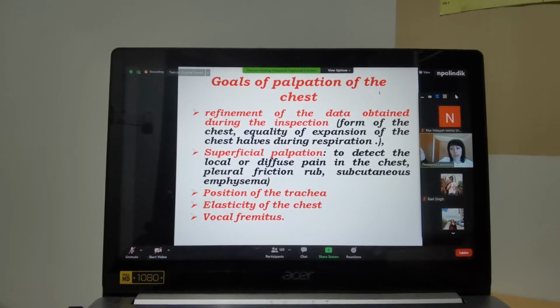You will consider it next lecture, because it is an auscultatory phenomenon, a pathological breathing sound. And subcutaneous emphysema, you have already studied this, like playing piano, and some masses on the chest wall that you can feel by superficial palpation. After that, can be detected position of trachea, elasticity of the chest or rigidity if you wish, and vocal fremitus.